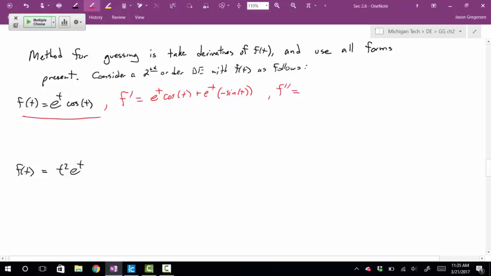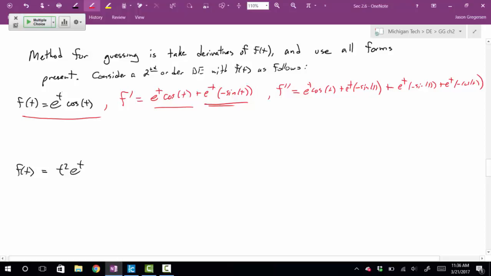Second derivative. Well, I just did that one, so that's going to be this whole thing. And now I need to take the derivative of this guy, derivative of the first times the second plus the first times the derivative of the second, something like that.